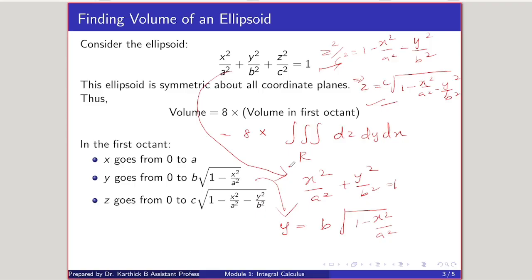Next we go for x, where I equate the values of y and z to 0. So we get the last equation x square by a square equals 1. So simply x square will be equal to a square, which implies x equals a. So we get the upper limit of x equal to a. So we have found all the limits and we have the integral.